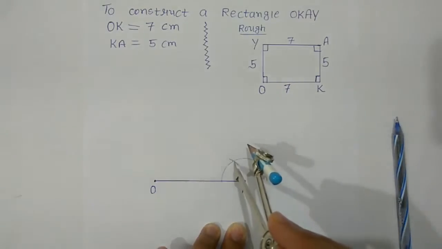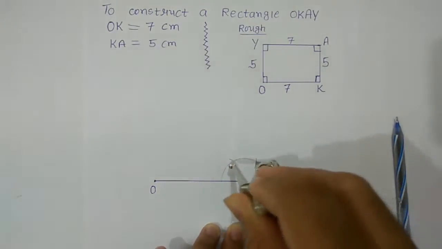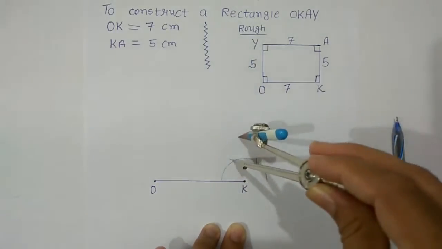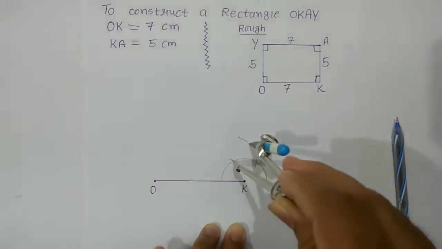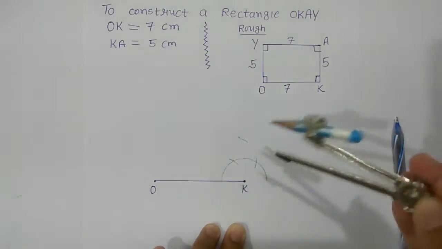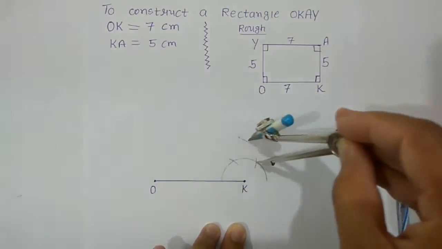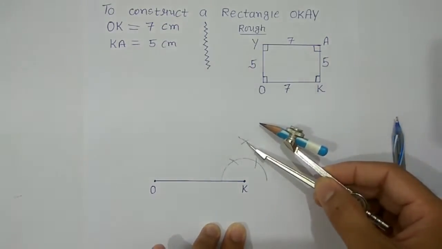Again choose this point and again draw an arc on the previously drawn arc. In the same way, with the same radius, one more arc you have to draw here. Okay, and with the same radius, with this point also we have to make an arc here, right? So here you can see that we get a point.